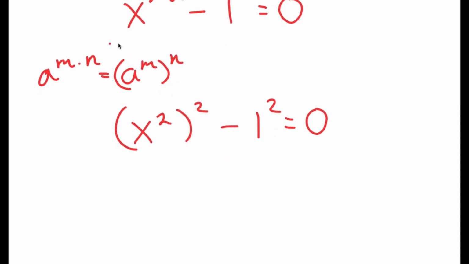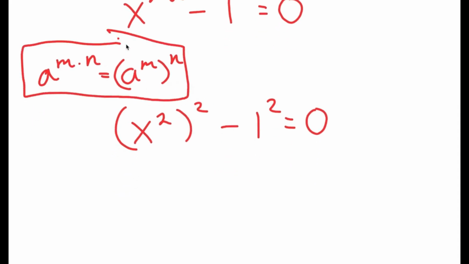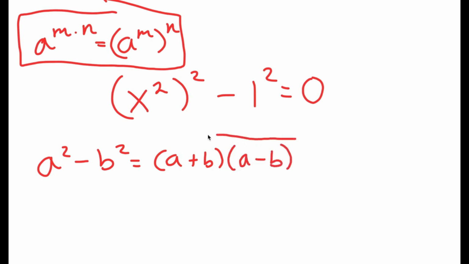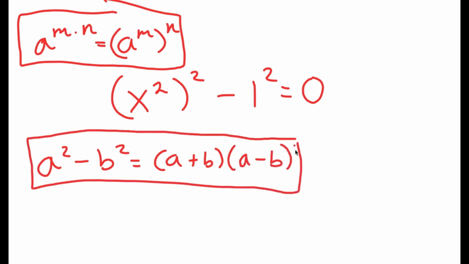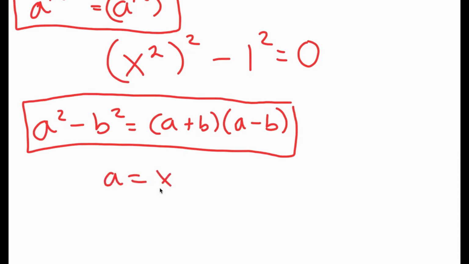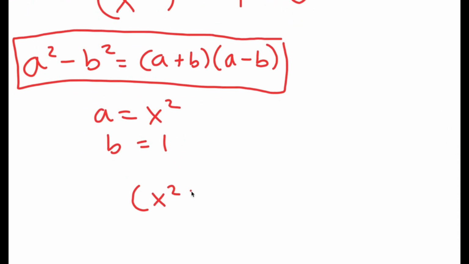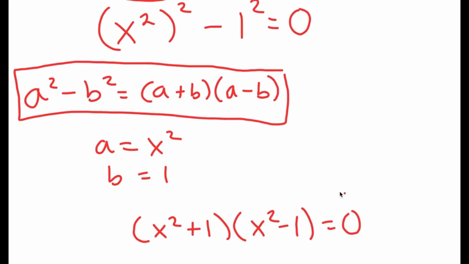And now another property I can use is a squared minus b squared is equal to a plus b times a minus b. So in this case, a is x squared and b is 1. So I get x squared plus 1 times x squared minus 1 is equal to 0.